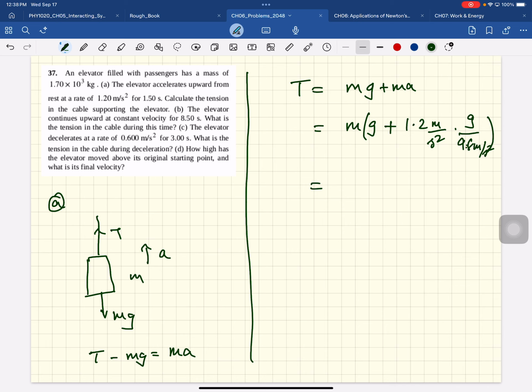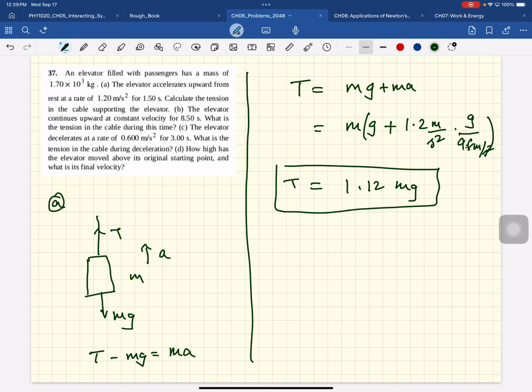So this is 1 g and this is 0.12 g's. So this is 1.12 mg. So the tension in the cable is 112% of the weight of the elevator.